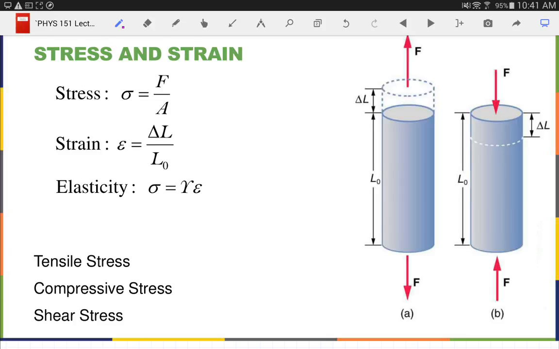Our textbook says that if you have a deformation that's less than 0.1%, almost every material will come back. If you deform it too much, it will plastically deform. It will permanently deform. And so when we talk about stress and strain, we in a general physics class focus on the elastic portion of the behavior.